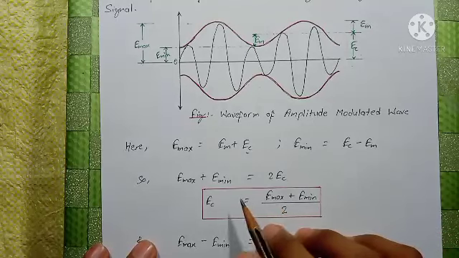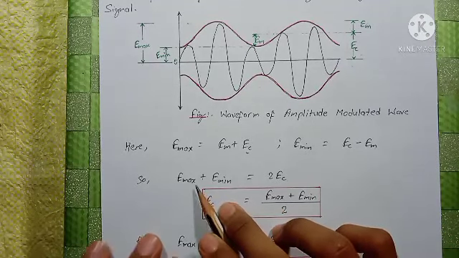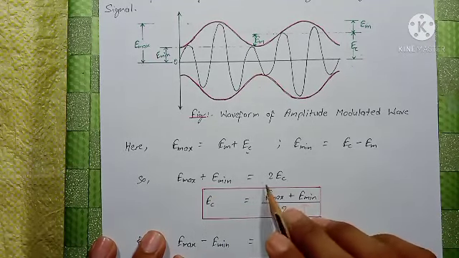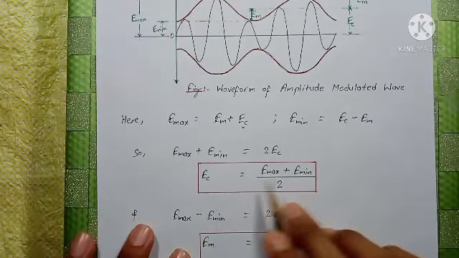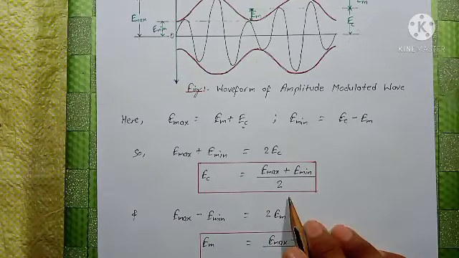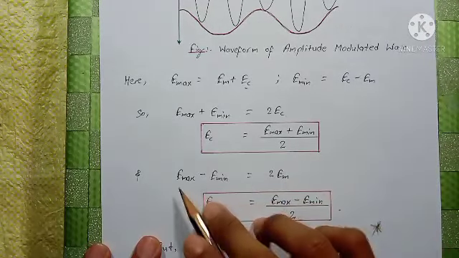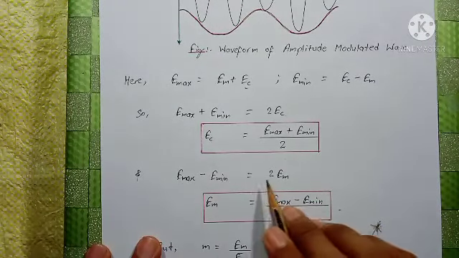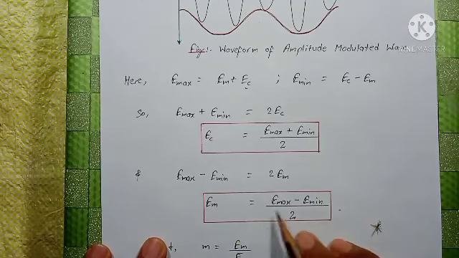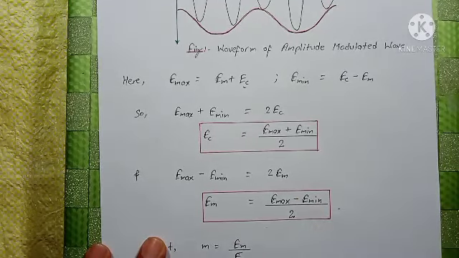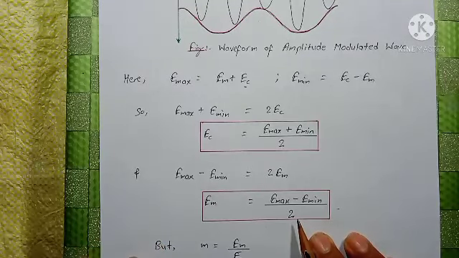The summation of Emax and Emin is equal to 2Ec, so Ec is equal to Emax plus Emin divided by 2. The difference between Emax and Emin is equal to 2Em, so Em is equal to Emax minus Emin divided by 2.